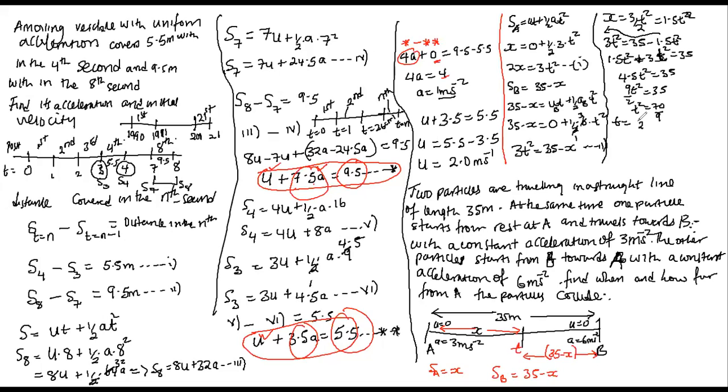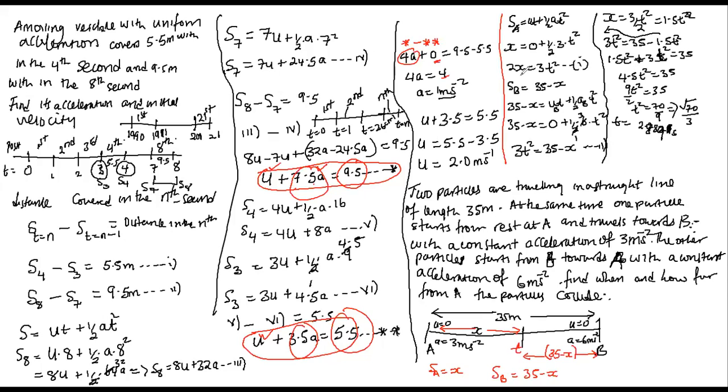If you are not sure, you let it be root 9, so you get root 70 over 3.